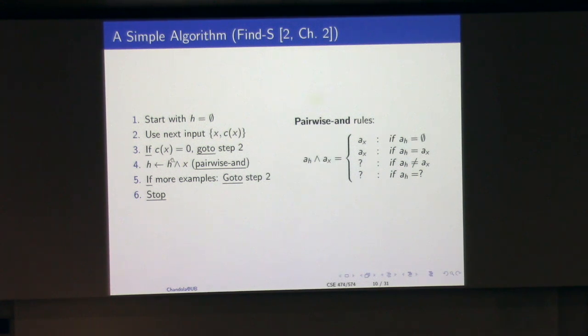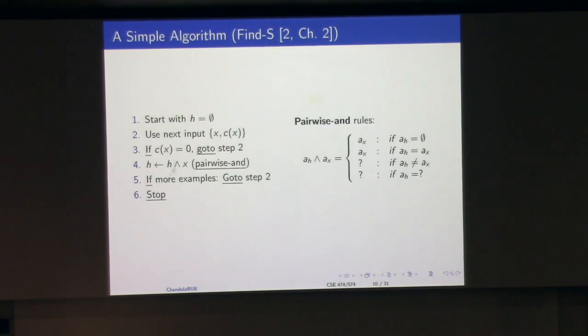If it is 1, right, which means that it is a malignant tumor or it's a green colored card, then I'm going to update my hypothesis. So the H becomes H pairwise and with my data object, and we'll go through an example for this, but there are some rules about this. So let's go through an example that will make it more clear.